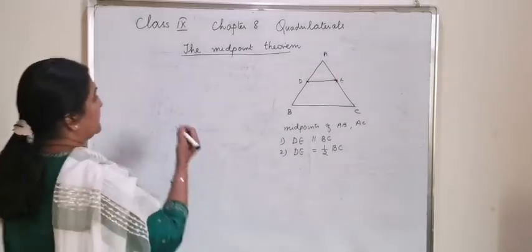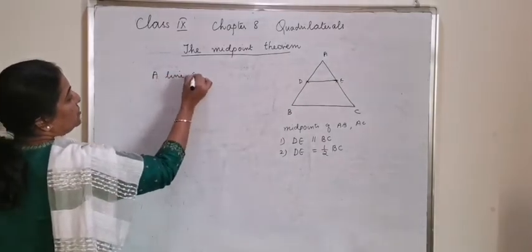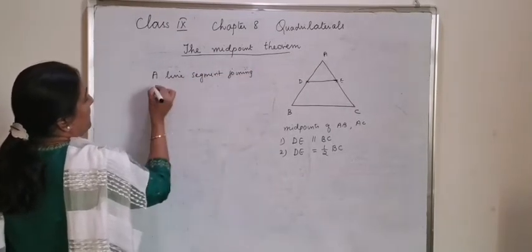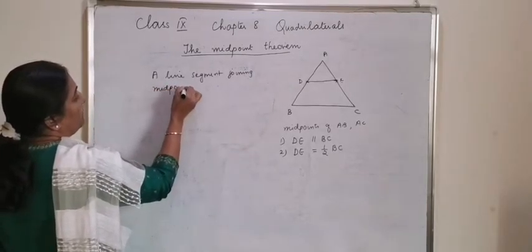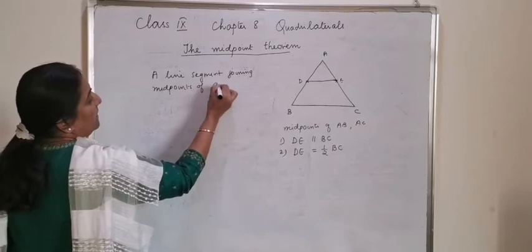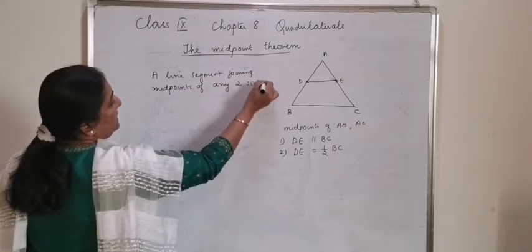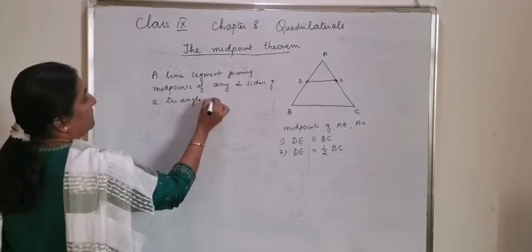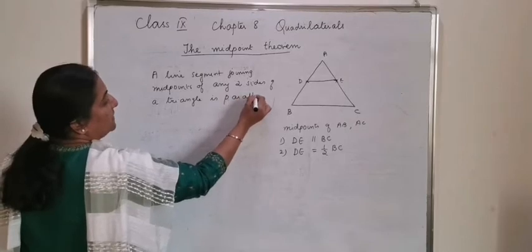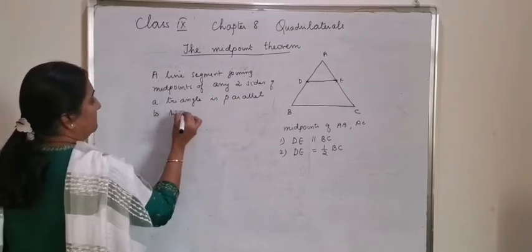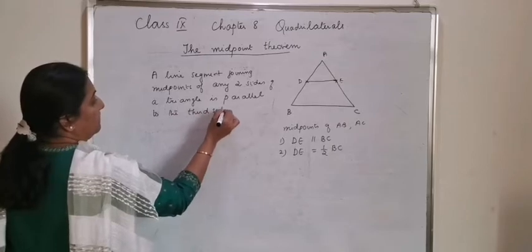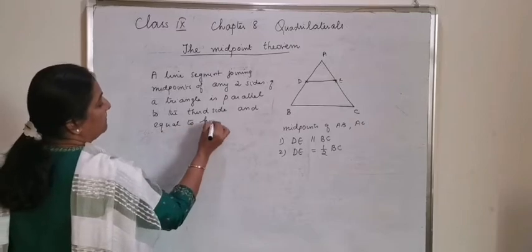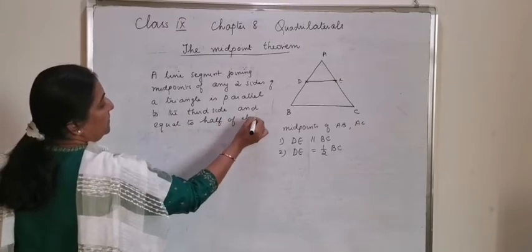The midpoint theorem states that a line segment joining midpoints of any two sides of a triangle is parallel to the third side and equal to half of it.